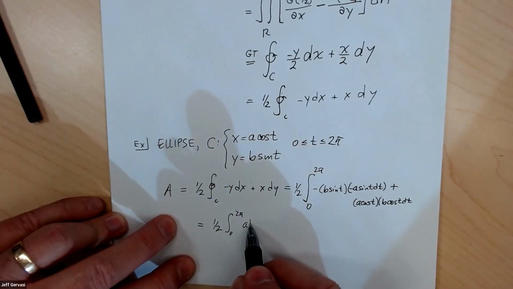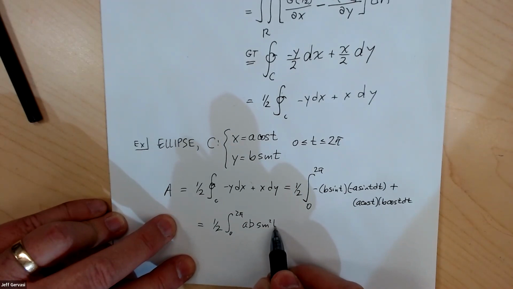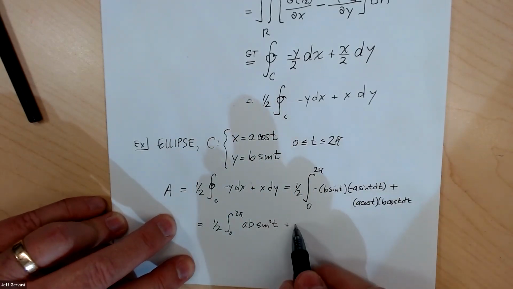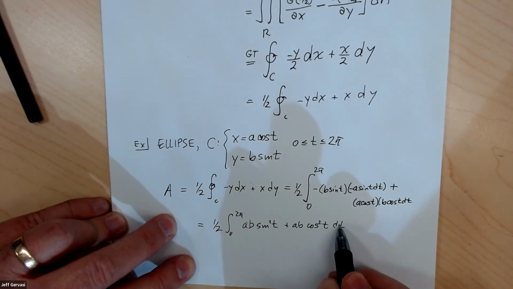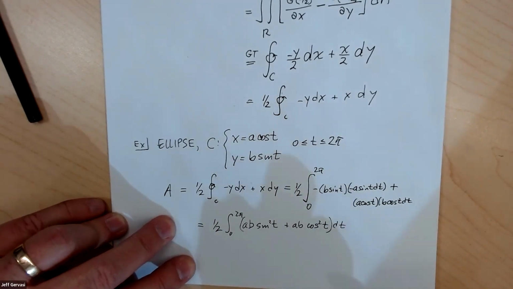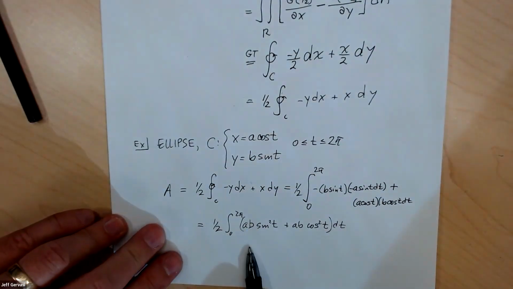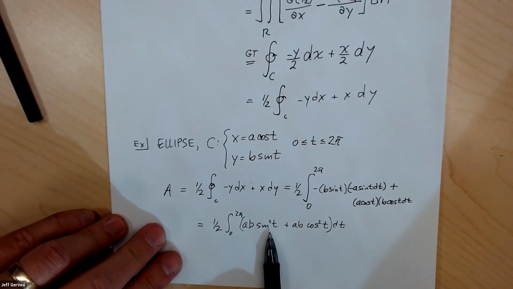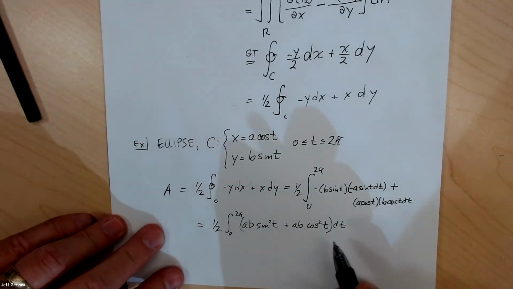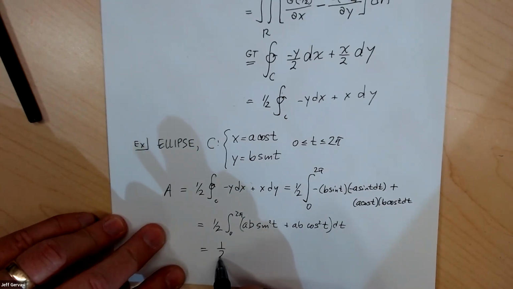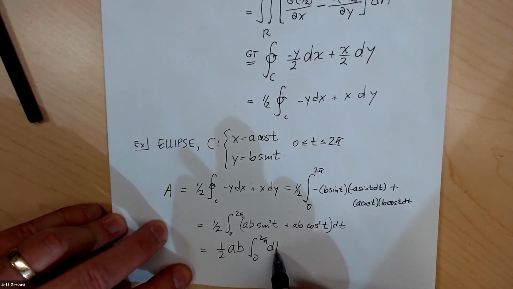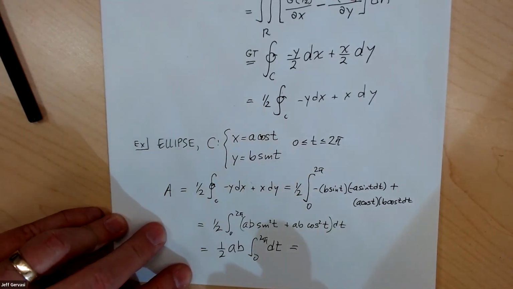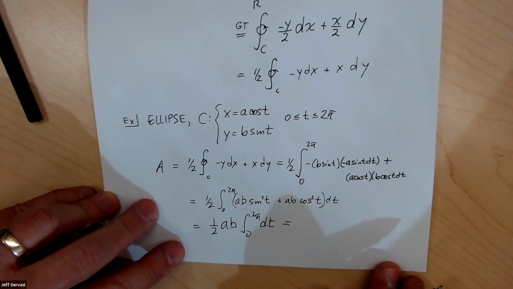I'll have ab sine squared t, and I'll factor out the dt, of course, plus ab cosine squared t. Okay, notice we've got the fundamental identity right there. We can pull the ab through the integral symbol. Sine squared plus cosine squared is equal to 1, of course.